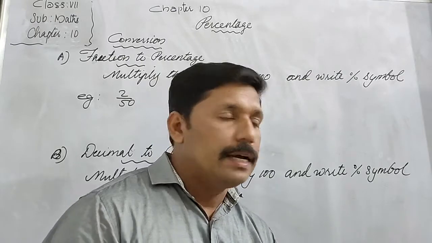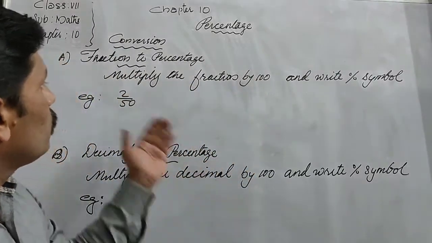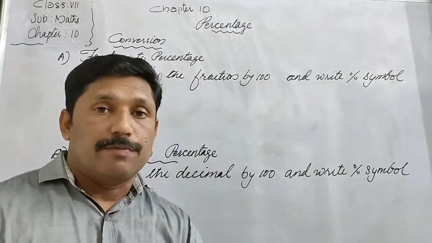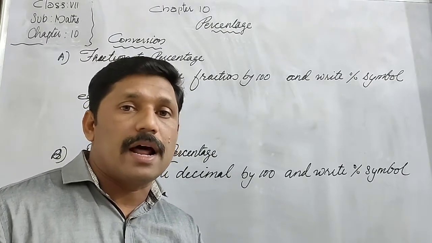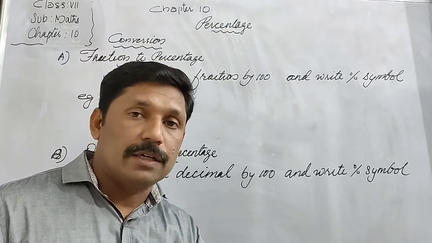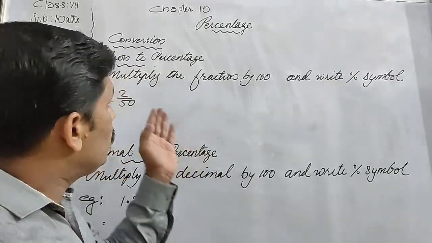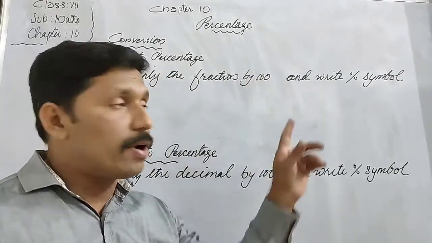Students, now we are going to convert percentages into fractions and percentages into decimals. How to convert a percentage into a fraction? First we study fraction into percentage. In a fraction there are a numerator and a denominator. In order to convert this fraction into a percentage, we multiply that fraction by 100 and write the percentage symbol.